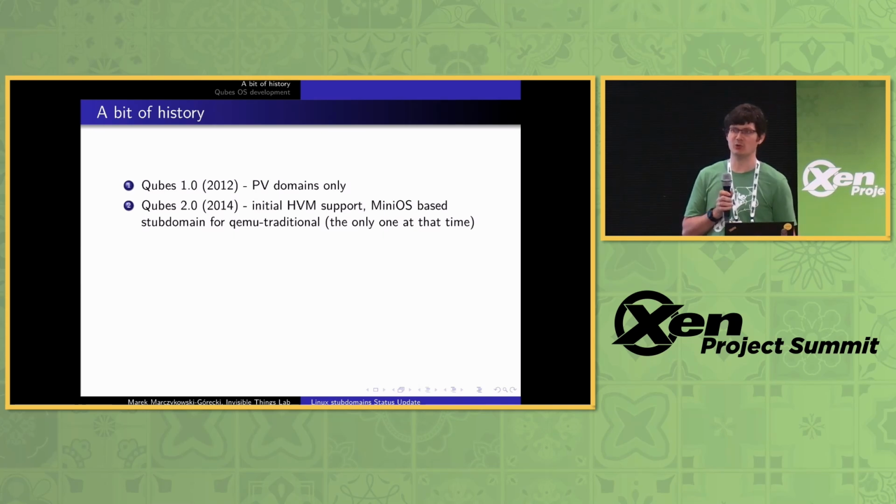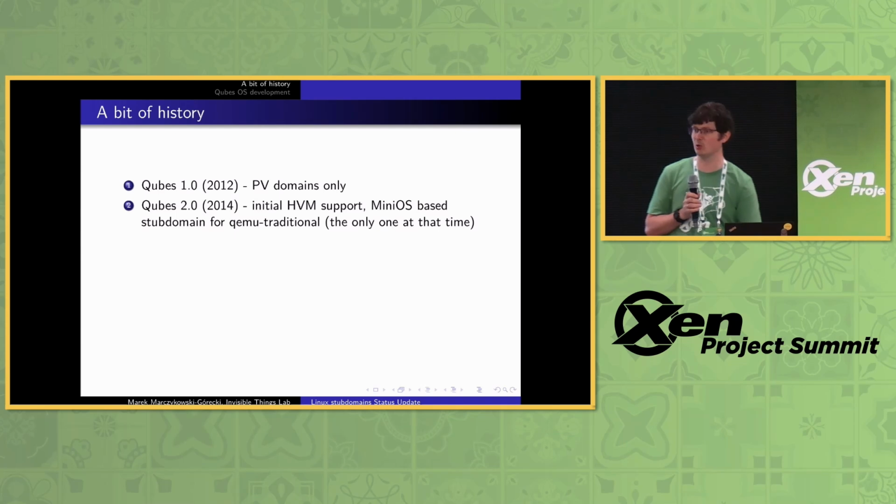At that time, it was a MiniOS-based stubdomain with QEMU traditional, which is a fork of a very old version of QEMU, especially changed to work inside MiniOS. It was small, but it was not really maintainable because it was already quite an old version of QEMU, and it didn't get any better later.